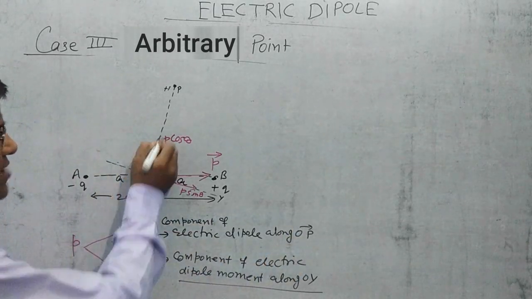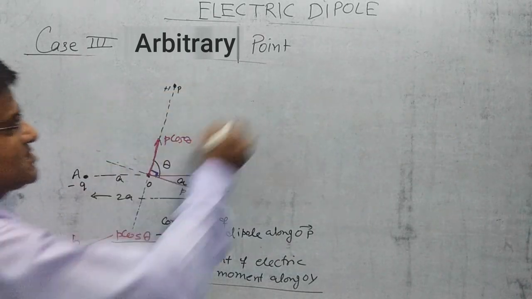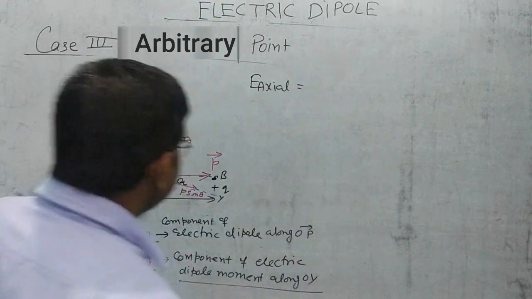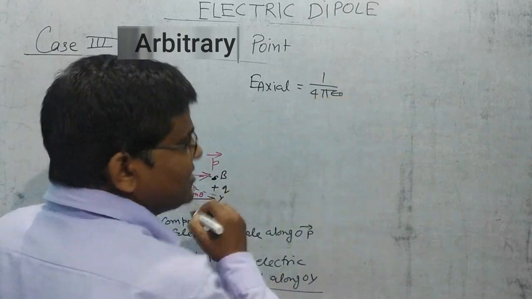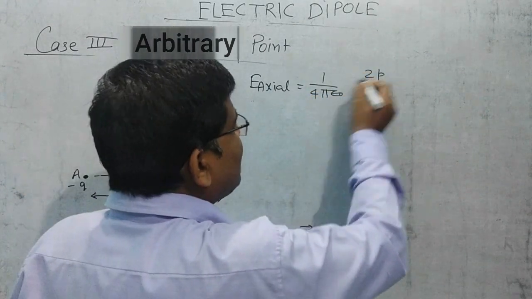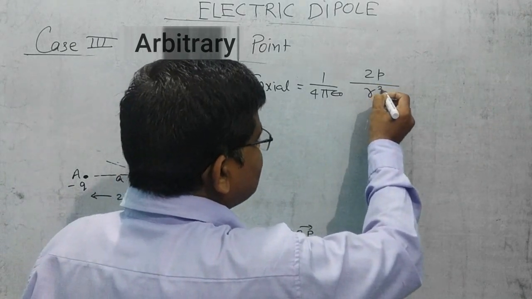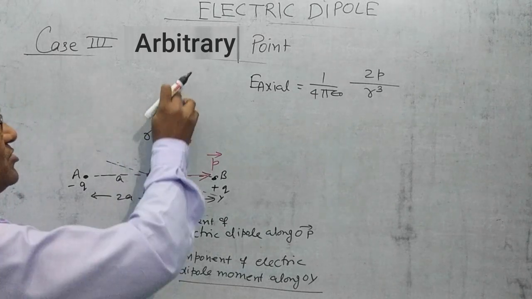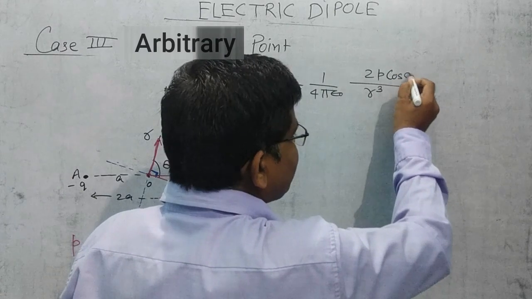Due to this small dipole, this point is axial. Then we use the formula 1 by 4 pi epsilon naught and 2p upon r cube, where r is the distance from this point to this point, and here it is 2p cos theta. Why?